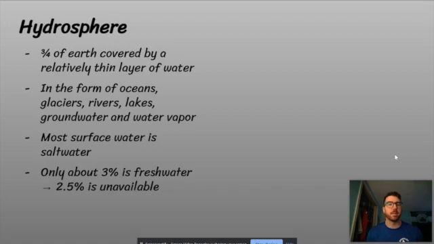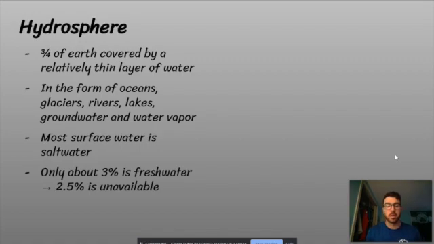All right, our next sphere is the hydrosphere. You should be pretty familiar with this one as well. Nearly 3/4, so 75%, of the Earth is covered in a thin layer of water, and we call that the hydrosphere. It can take the form of oceans, glaciers, rivers, lakes, water locked up underneath the ground, and water vapor in our atmosphere.